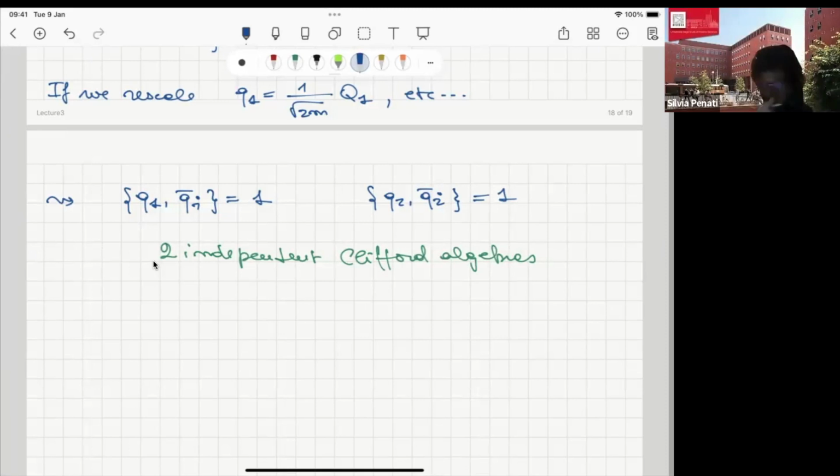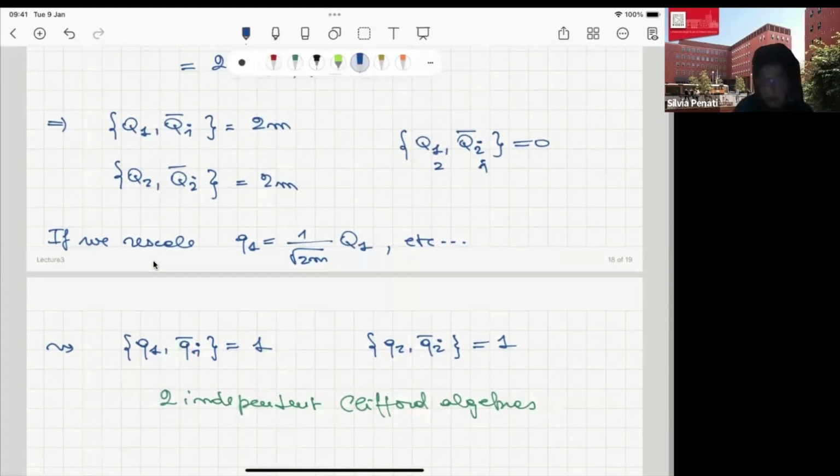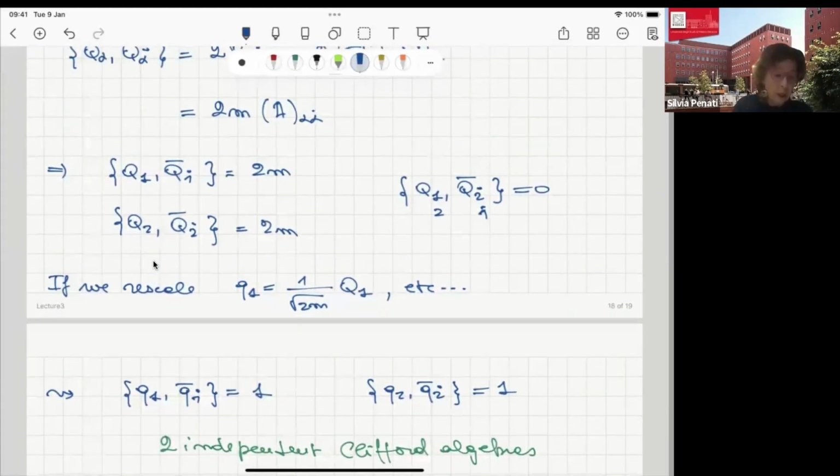Therefore, what I can do is to start, well, first of all, you should check from the algebra that in fact, Q1 and Q2 can be identified with, let's say, annihilation operators in terms of angular momentum, whereas Q bar 1 dot and Q bar 2 dot can be identified with creation operators in terms of angular momentum.